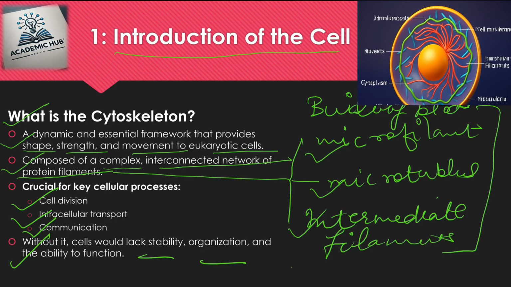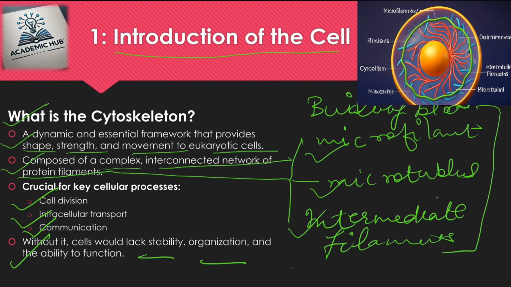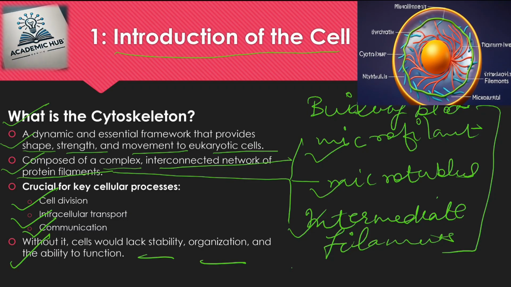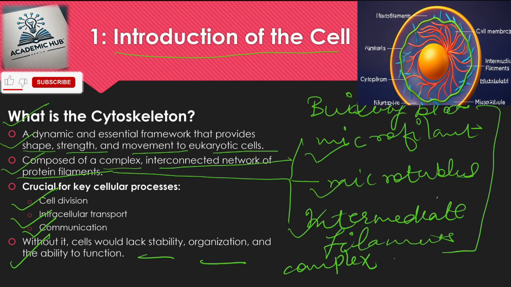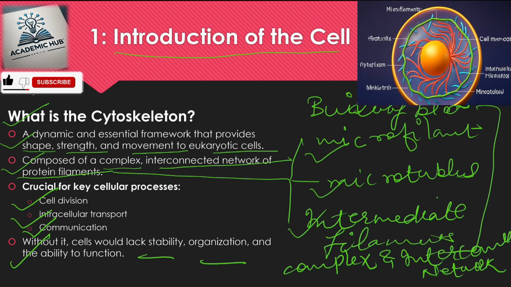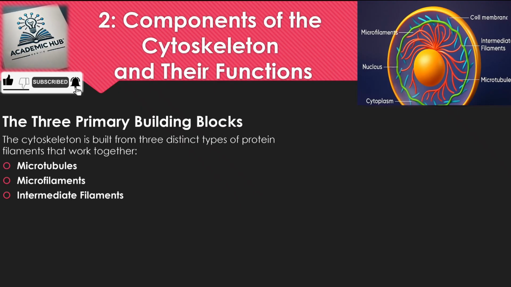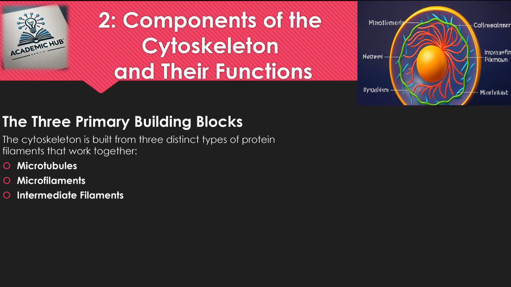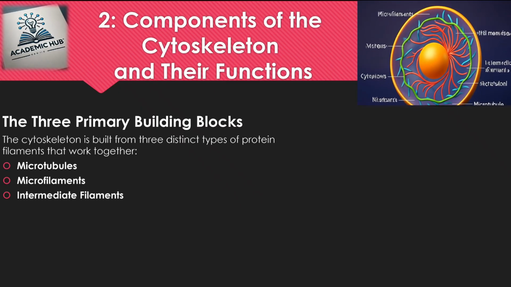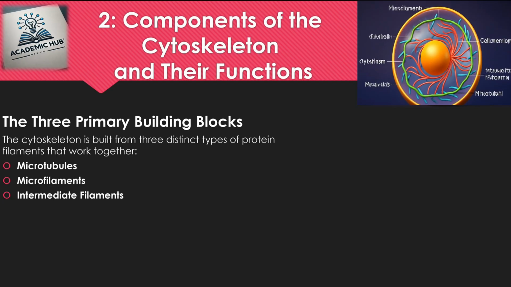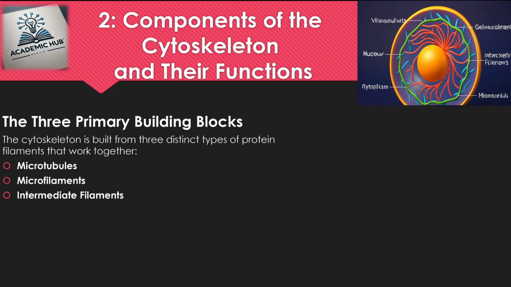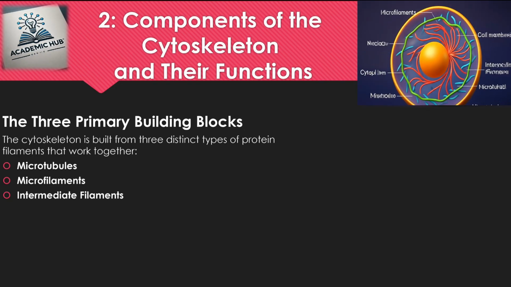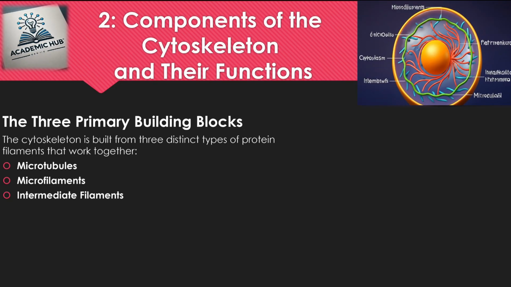Each of these filaments has a distinct role, but they work together to create a complex and interconnected network that supports the cell, whether it's the movement of organelles, structural reinforcement or change in cell shape. The cytoskeleton regulates and coordinates all of these functions.